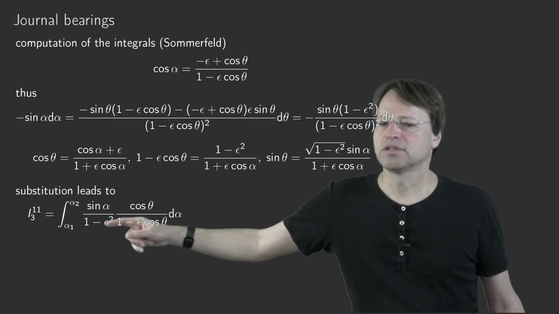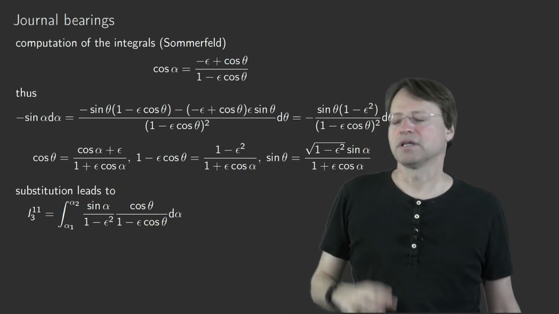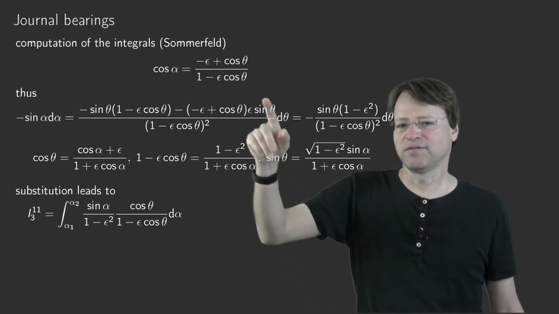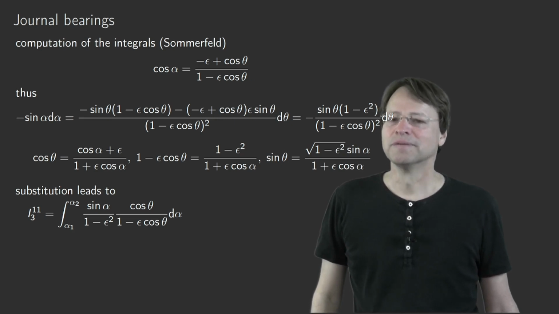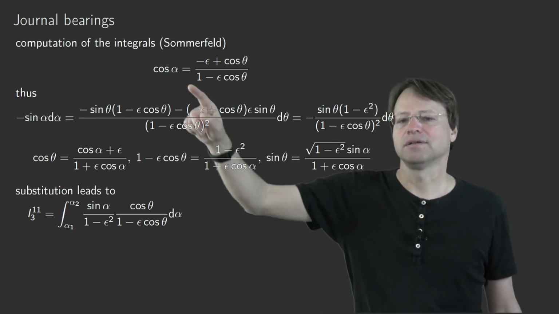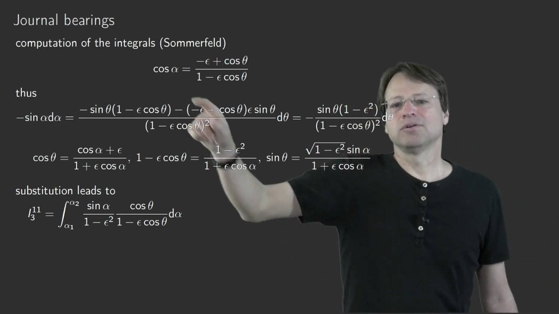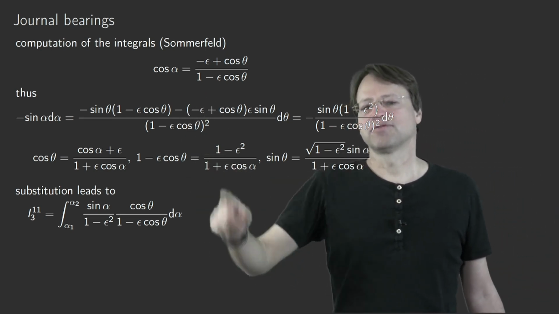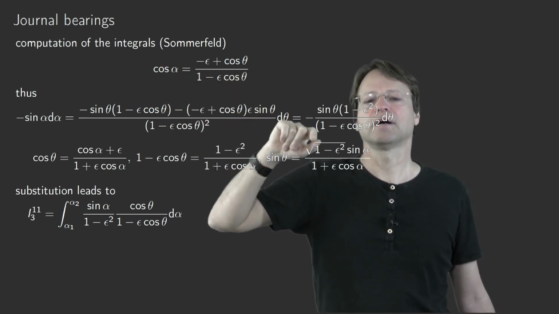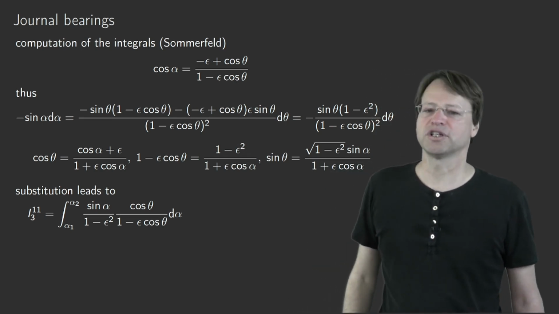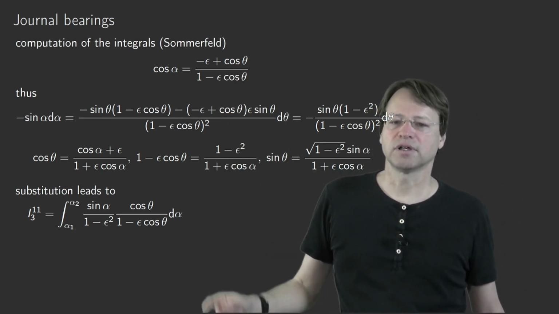The substitution leads to angles alpha 1 and alpha 2 that can be easily computed, and for theta 1 and theta 2 it's important, of course, to get the right interval. Maybe you want to check that you really get the right intervals for the angles alpha too, but from that equation you can easily compute alpha from theta by evaluating that expression first and then taking the arccosine function.